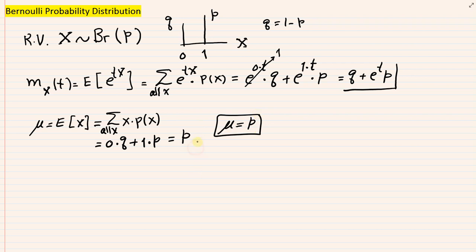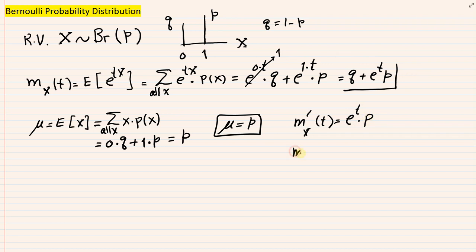Now I can also do this using moment generating functions. This would be an alternative. If I look at M prime of random variable X at t, the derivative of this expression, that's going to be e to the t times P, right?